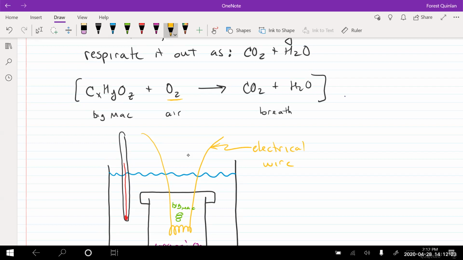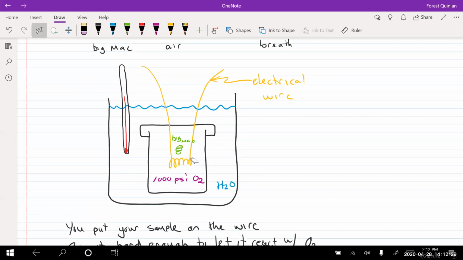But we don't want a drastic enough change that we can see it. How much do you really think of this 1,000 PSI you're going to consume in a tiny little reaction? Remember, we're not actually putting a big piece of Big Mac. We're putting proportional pieces on there. You're not going to deplete any of the oxygen there. You might go from 1,000 to 999.8. Okay, nothing.